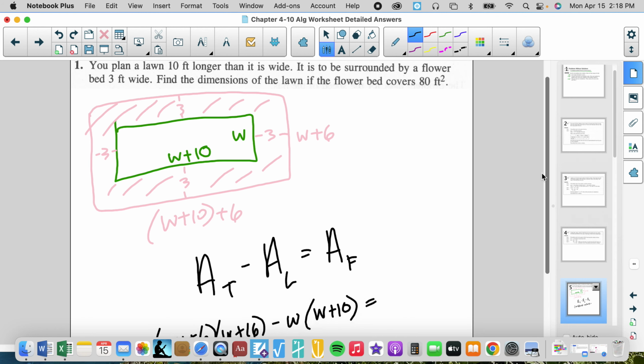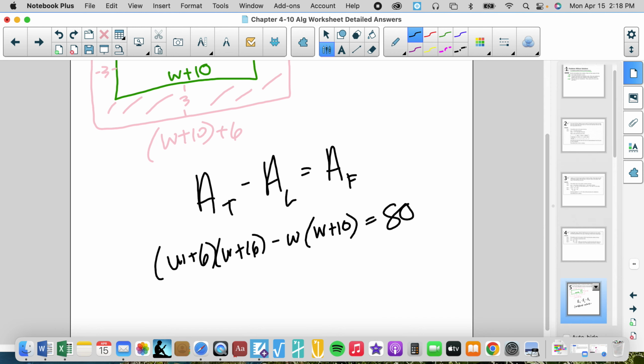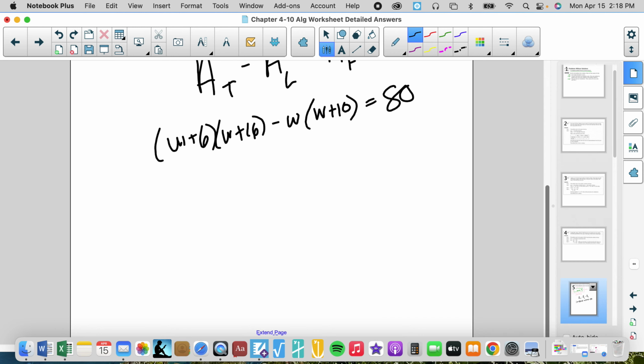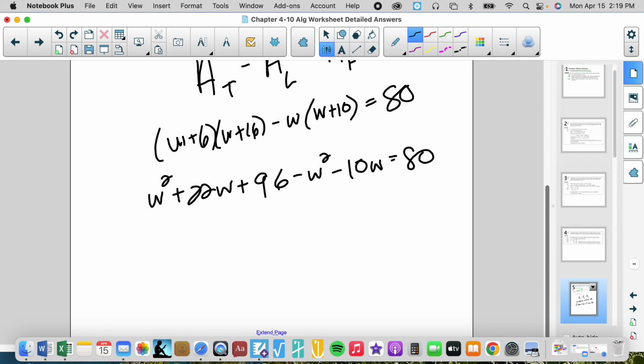And they said the area of the flower bed is 80. Okay, we get it. So let's multiply this out. That's W squared plus 22W plus 96 minus W squared minus 10W gives you 80. Now let's simplify the left side. The W squares cancel. You're left with 12W plus 96 equals 80.